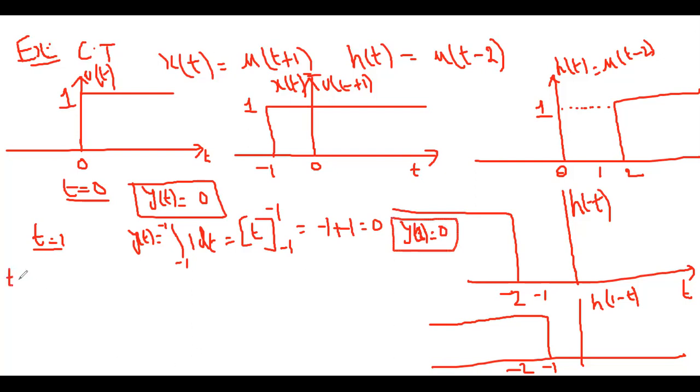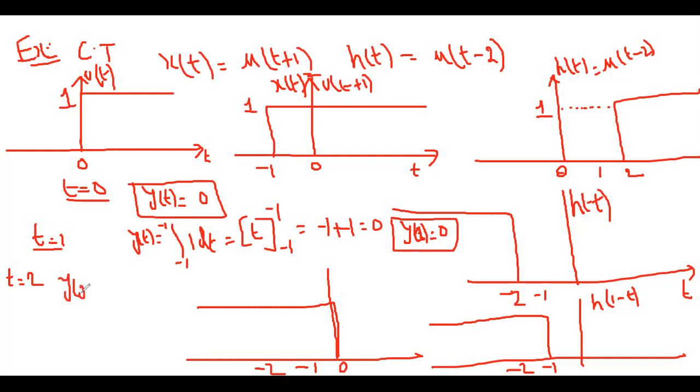Now at t is equal to 2, that is again shifting towards the right side at 0. My dear students, shifting towards the right side means the values are at 0, minus 1, minus 2 and 0. So where does the overlapping occur? Here from minus 1 to 0, and here also minus 1 to 0. So what is the area here?